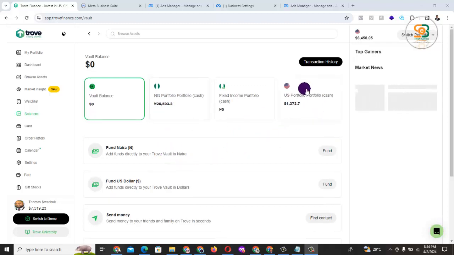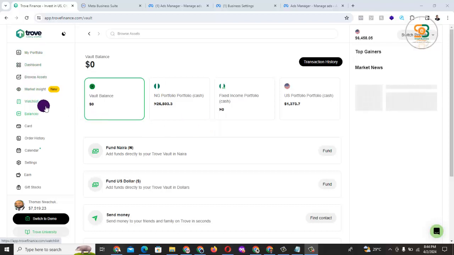The first thing you do, for instance, if you are using this $1,000 to invest, is break it down into three portions, probably like $300, $300, and $400 as the case may be, or $500 as the case may be. So right now, let's say you want to buy some stock.